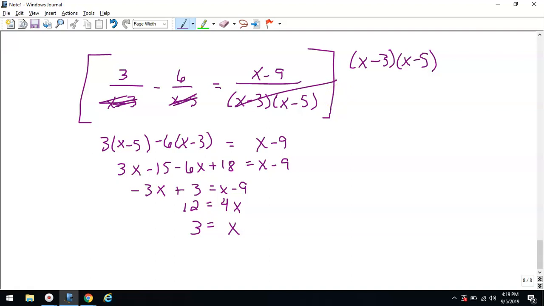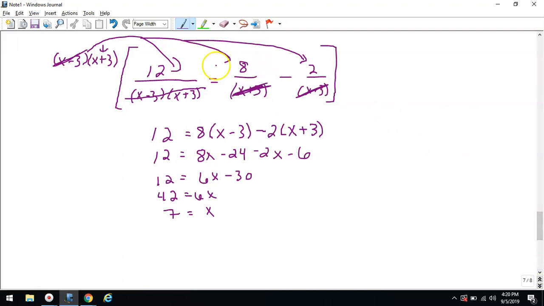It looks like 3 wouldn't actually be part of the solution, because if x was 3, that would make two of the denominators in the original equation non-existent. So this 3 is an answer, but it's what we call an extraneous solution, which is actually kind of a hole if we were graphing that function.